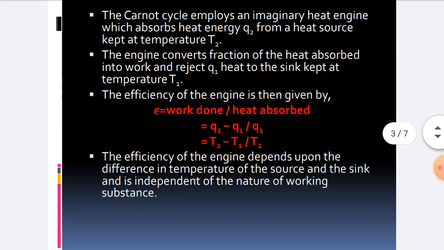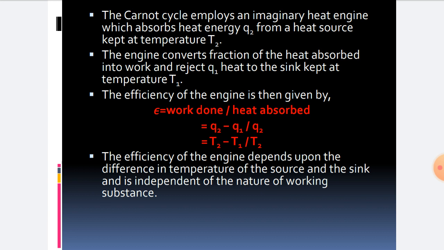The Carnot cycle employs an imaginary heat engine which absorbs heat energy Q2 from a heat source kept at temperature T2. The engine converts a fraction of the heat absorbed into work and rejects Q1 heat to the sink kept at temperature T1.